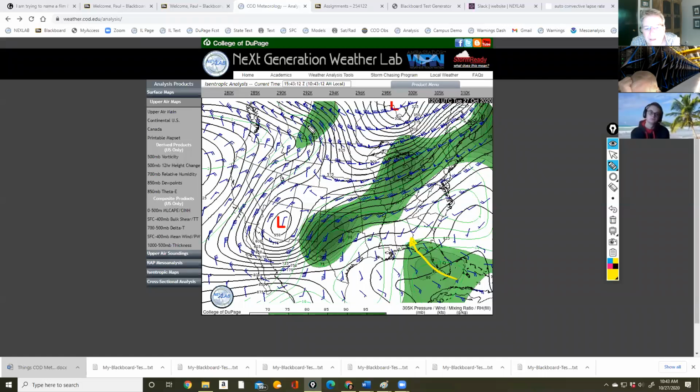Air is rising in this area. What's going on over here? Air is traveling the other way. What's going on here?